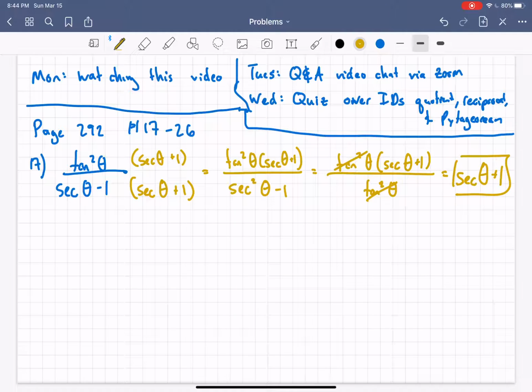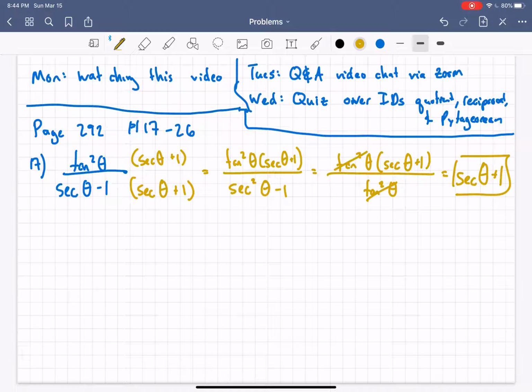Is that more simplified? Yes, right? No fraction, only one trig function, nothing too complicated. After that, we just have secant theta plus 1. Usually we like it going down to 0 or 1 or something that has no trig in it at all, but we can't be picky.